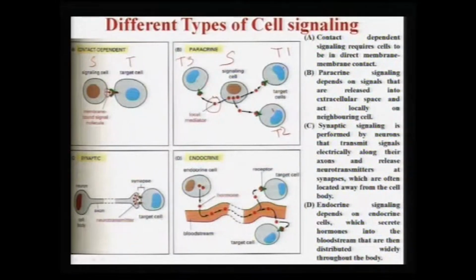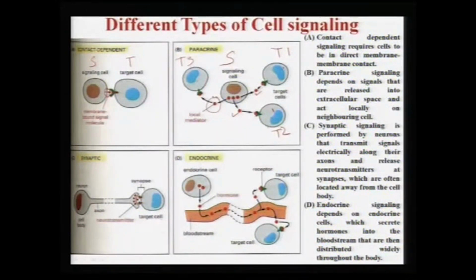So, this red one will get attached to the local mediator, and then this local mediator can be transported to the target T3 cell. Similarly, different local mediators are present, this is another local mediator and this is another local mediator. So, from the signaling cell S to the target cells T1, T2, T3, the transport of the signal molecule takes place via the local mediator, the process of paracrine signals.